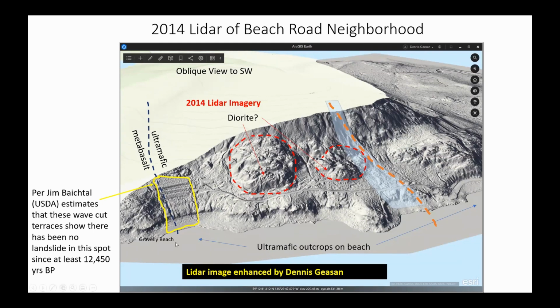Anyway, we know there was no landslide in that part of the neighborhood, at least for that long, because those benches are still there. Those are just very subtle topographic changes. So that's what we know about the Beach Road neighborhood now, and hopefully the experts will figure out more causes for the landslide and tell us more.